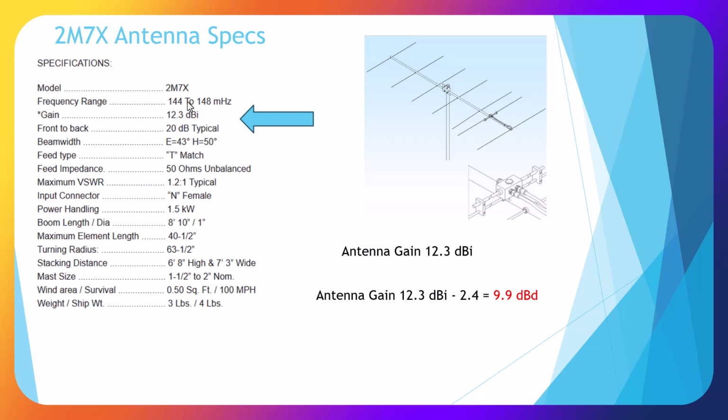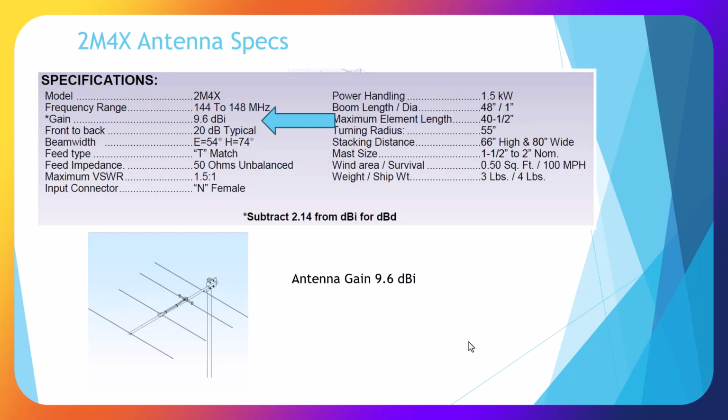And we need to double check our frequency, and it's 144 to 148 megahertz. Okay, here's our receiving antenna, and we're looking at 9.6 dBi. And it's already in dBi, so that works for us.